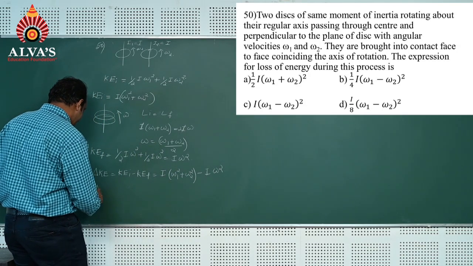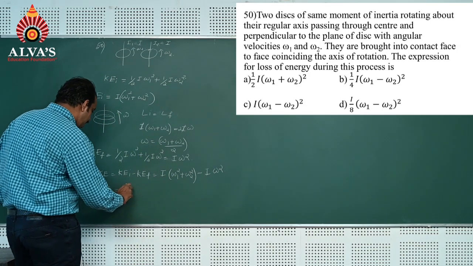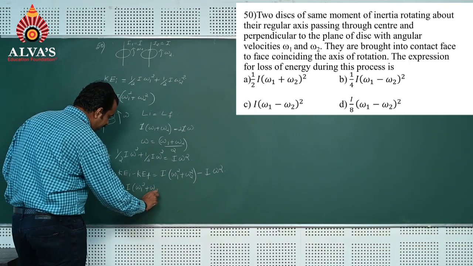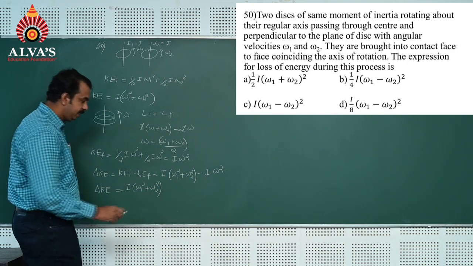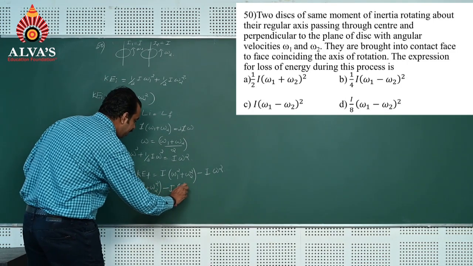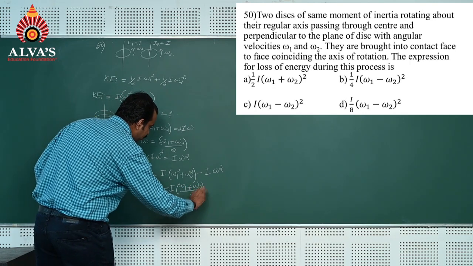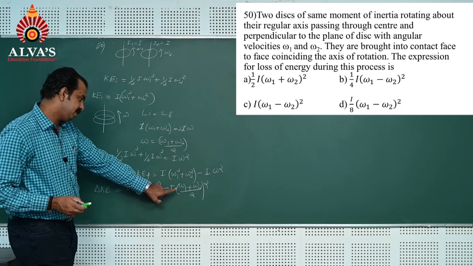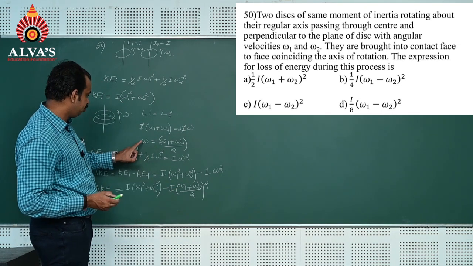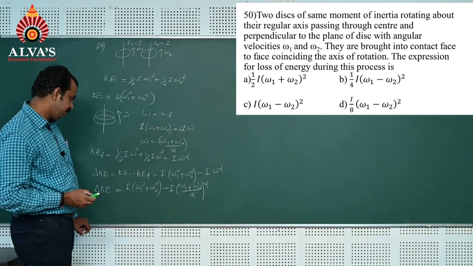That is, delta KE can be written as I into omega 1 square plus omega 2 square minus I into omega 1 plus omega 2 divided by 2 whole square. So this is the equation which I have written here, from the equation omega is equal to omega 1 plus omega 2 divided by 2.